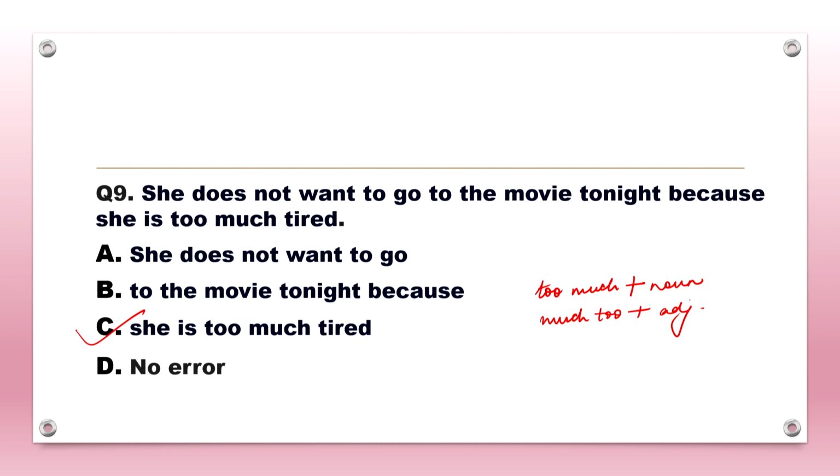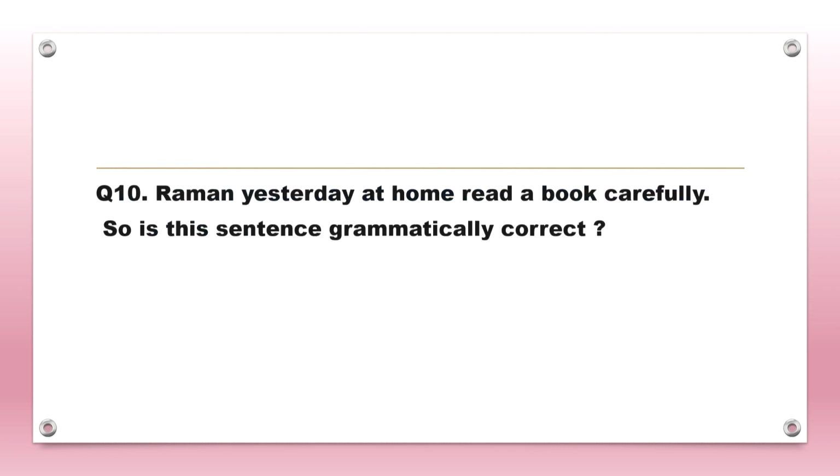So, now in the given sentence, tired is an adjective, hence the use of too much is wrong. So, we will replace it with much too. So, the correct sentence should be: she does not want to go to the movie tonight because she is much too tired. Fine. Now, moving on. Next question.